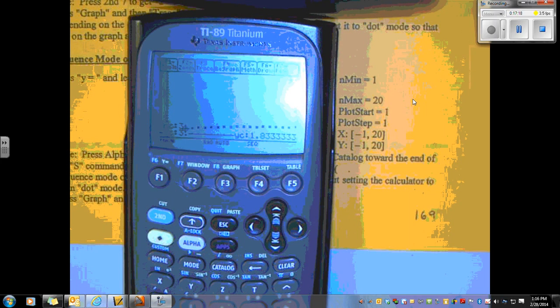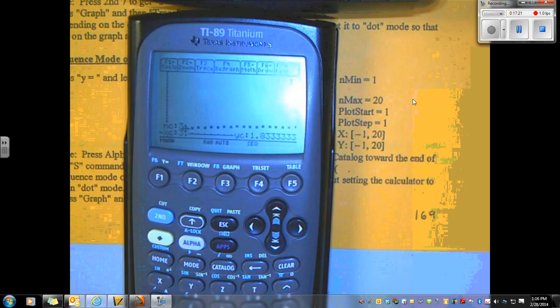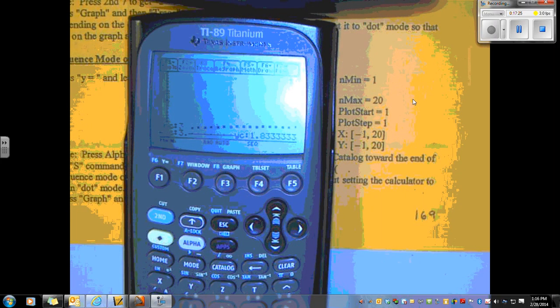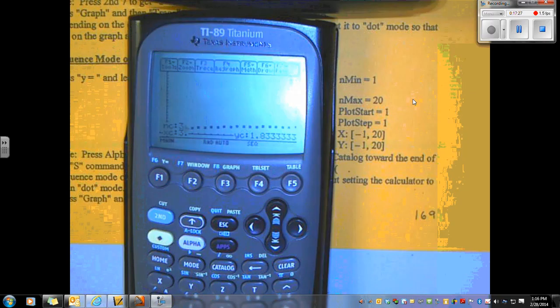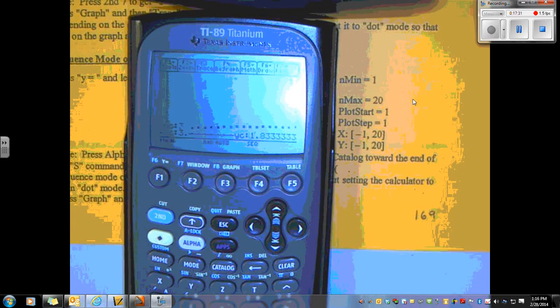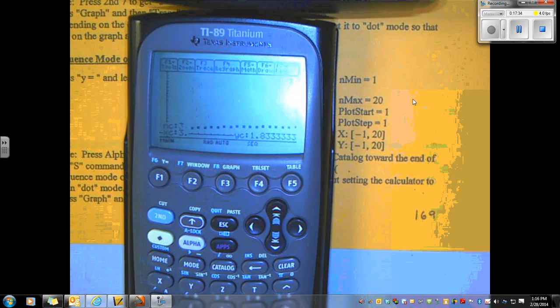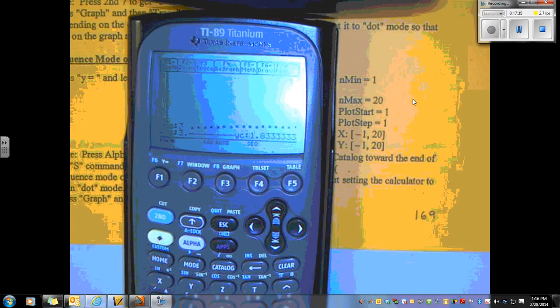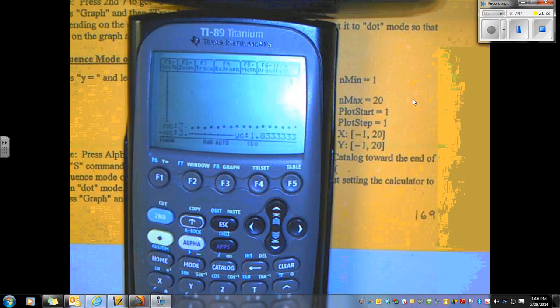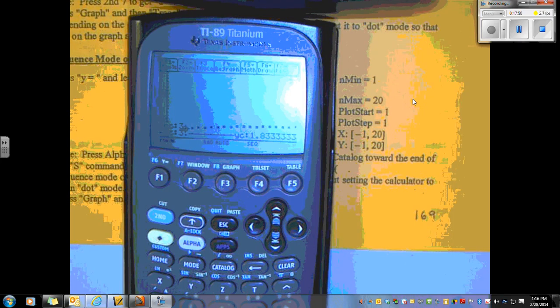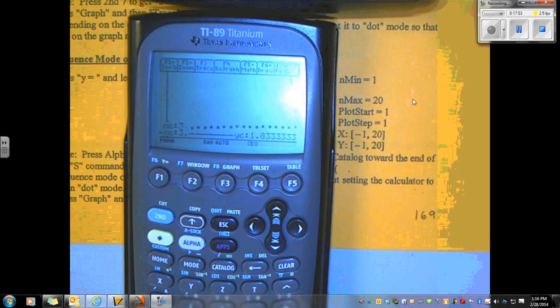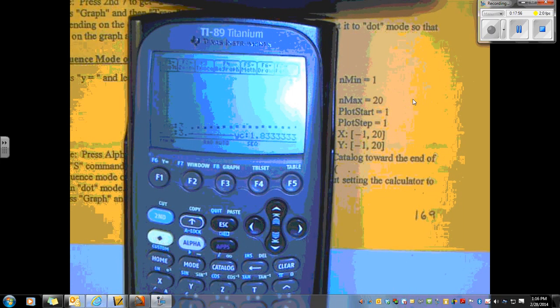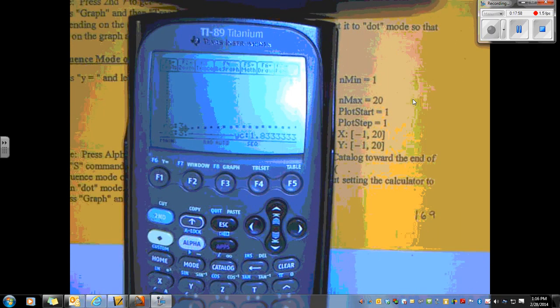Let's just hit style, F6. I changed the style.